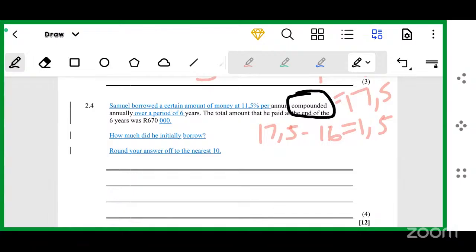How much did he initially borrow? Round off the answer to the nearest 10. So this means that we already know the total, right? We are going to look at the initial. So we have to know how much did he borrow specifically for him to end up paying the 670,000. So how are you going to work this one out?